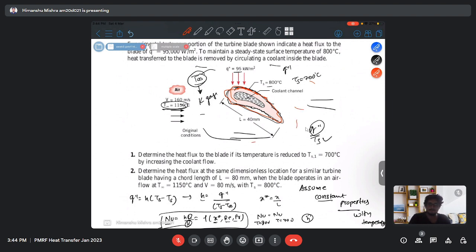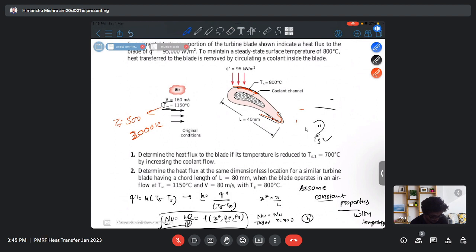Okay, sir. If you reduce this T infinity by 500, in that case, there will be some difference in the properties of the air. Or even if you increase it by 2000 Kelvin, there will be some difference in the fluid properties, because in that case, the fluid property around this body will get changed.